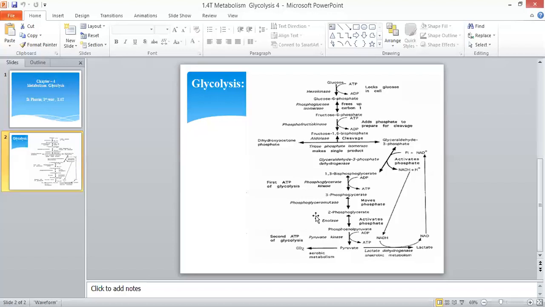And in the next step, 2-phosphoglycerate is converted to phosphoenolpyruvate, and here enolase acts as the enzyme.